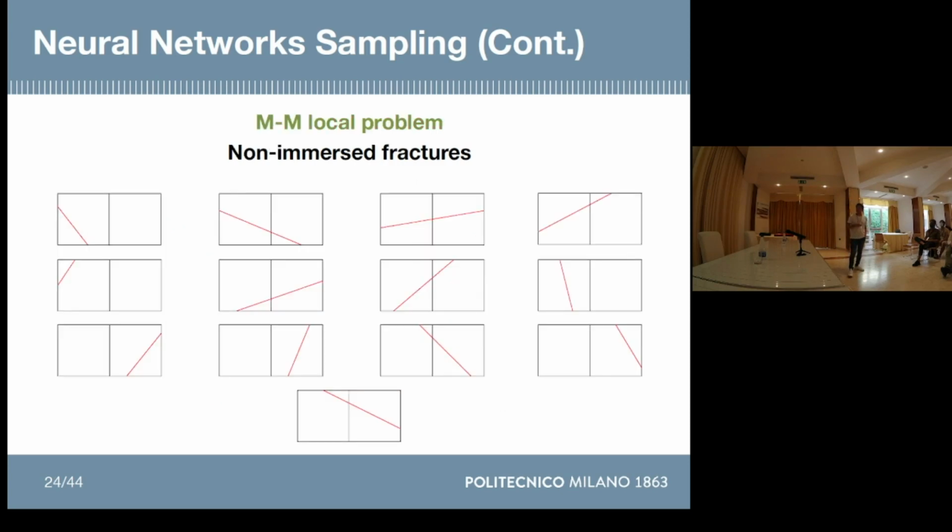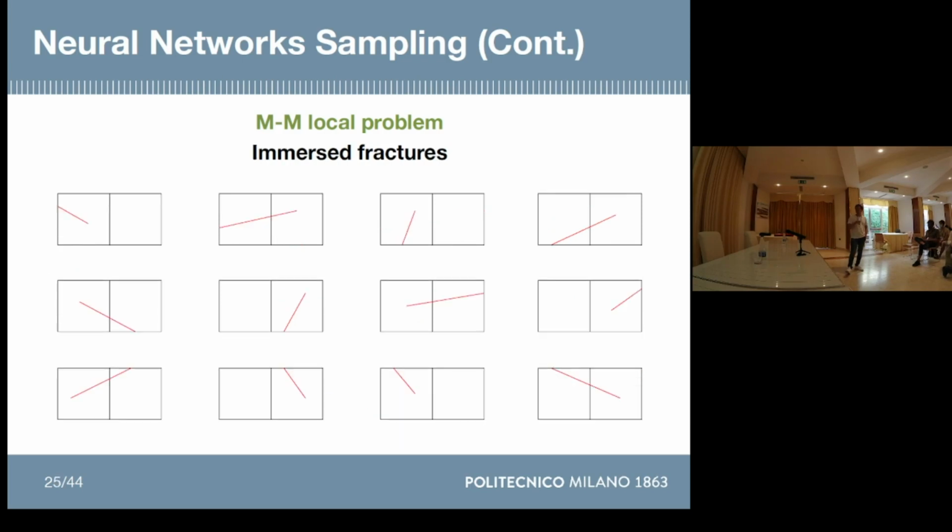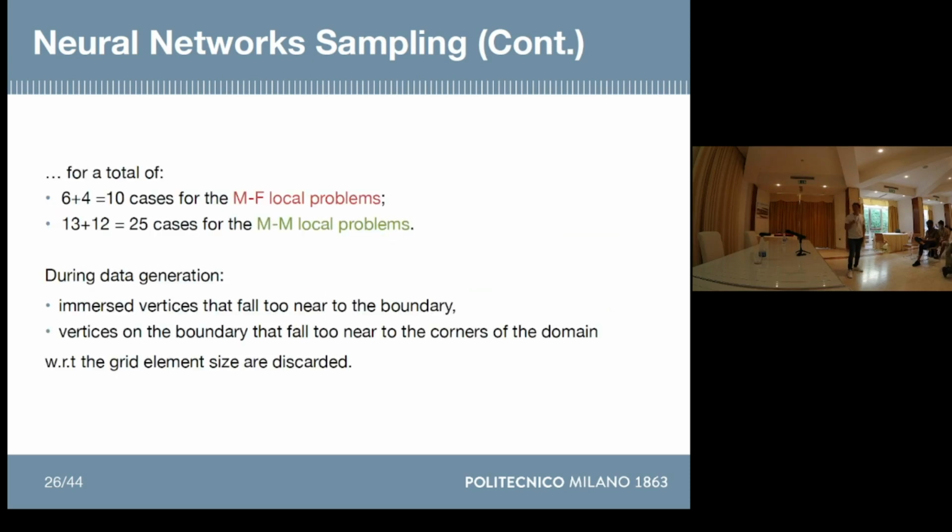Going down, for the matrix local problem and non-immersed fracture, each unit boundary edge connection counts as a case, and lastly, for immersed fracture, each unit boundary edge cell connection counts as a case. So this is a total of 10 cases for matrix fracture local problems and 25 cases for matrix local problems.